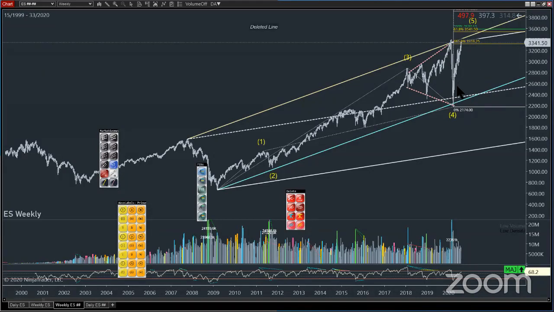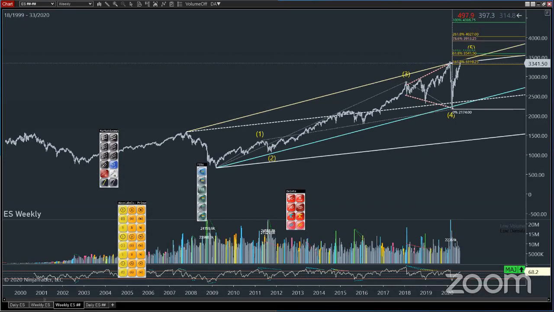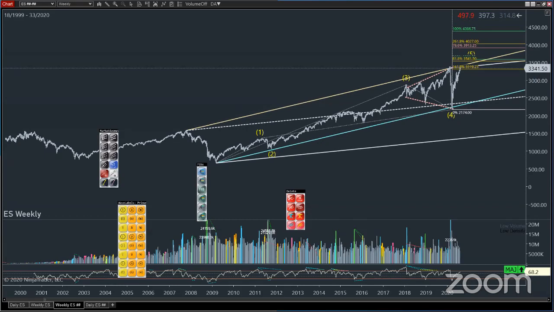And there is your 161.8 of wave 1, but it's already lower than the high. So, well, it's lower than the highest point of wave 4, which is right up here. So that's the rarest pattern, that expanding triangle. And you've got your only fib confluence, really. It's not really even a confluence.